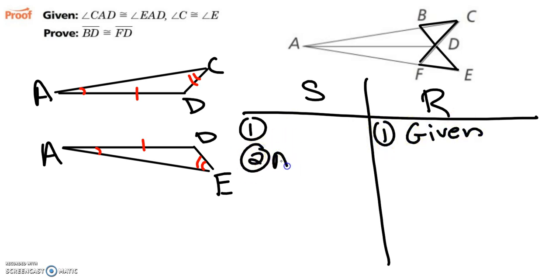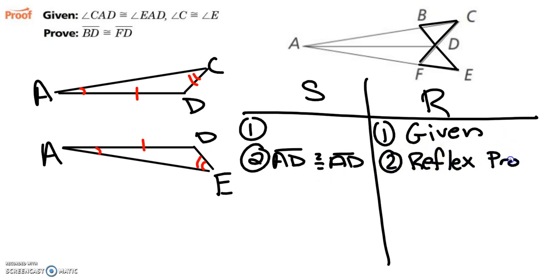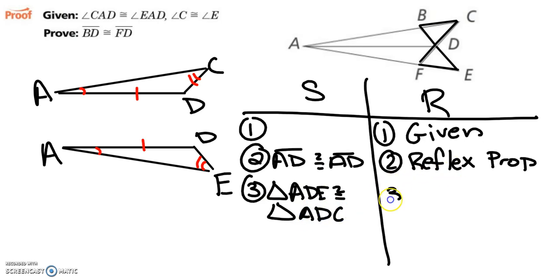Two, we were able to say that AD is congruent to AD because of the reflexive property. Then I can say triangle ADE is congruent to triangle ADC by angle, side.